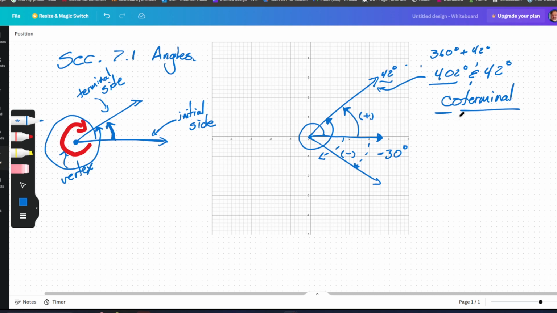For many of our tools, coterminal angles will behave similarly, so it's handy to know this. But keep in mind that a movement of 402 degrees and a movement of 42 degrees are certainly different movements. They're different angles. But they are similar in important ways, and coterminal is the word we use to reference that.